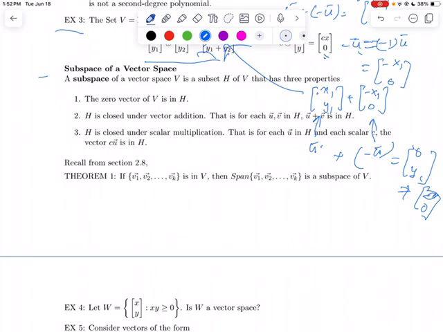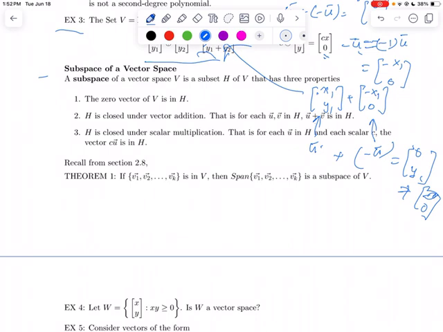If H is a subset of a vector space, so in section 2.8 we talked about only subspaces of Rn, right? So we said let H be a subset of Rn, and then we defined the subspace. But here we say let H be a subset of a vector space V.